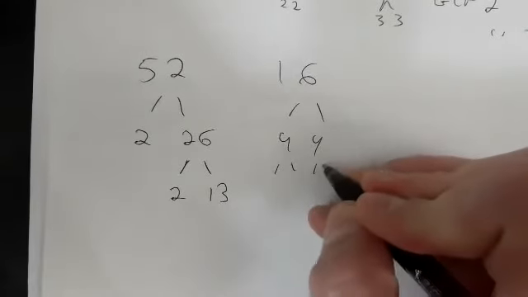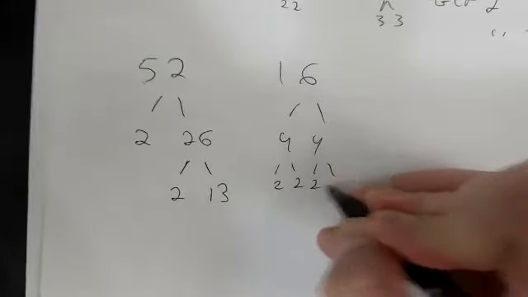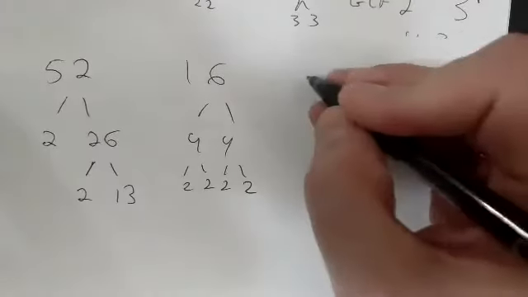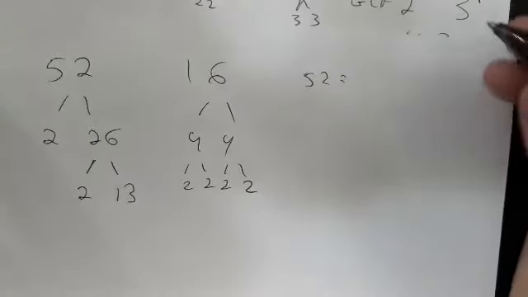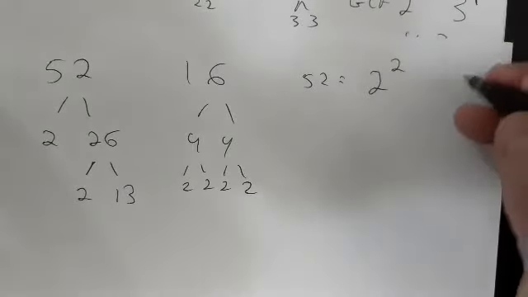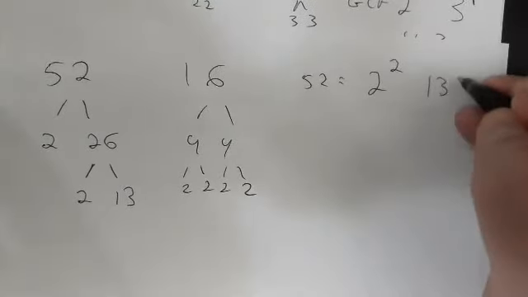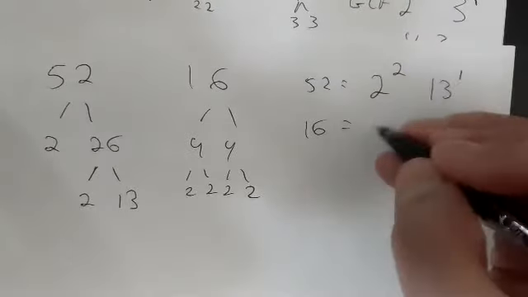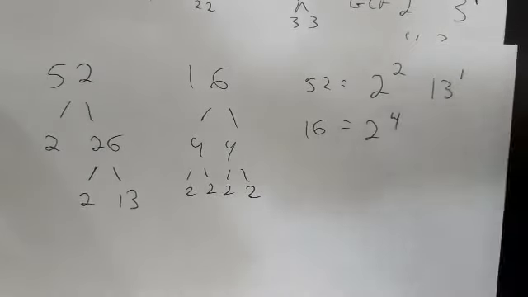And if I break down each of my 4s, each one of these will give me 2 2s. So if I'm looking at these things, the 52 boils down to, I got 2 2s there, and I got 1 13. My 16 is going to boil down to, I got 2 four times.